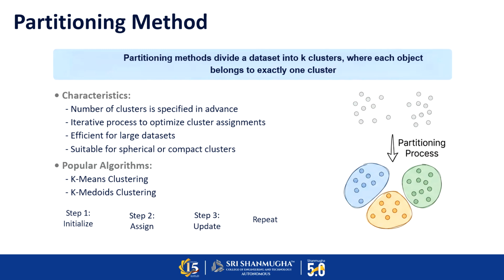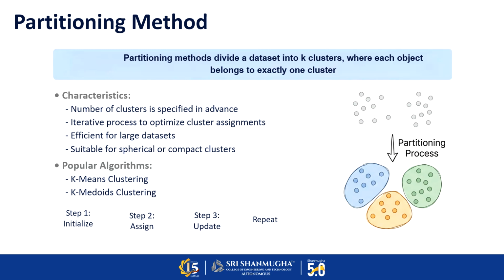So each object, that is a data point, belongs to exactly one cluster. There is no overlapping, no ambiguity. Think of dividing a class of 60 students into exactly 3 groups for a project. Each student goes into one and only one group. Okay, so this is the partitioning method.